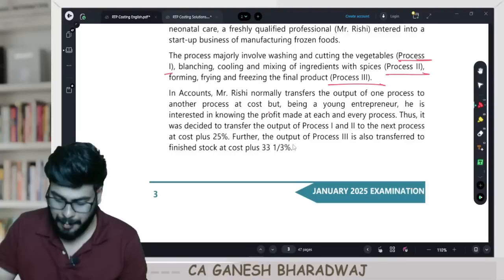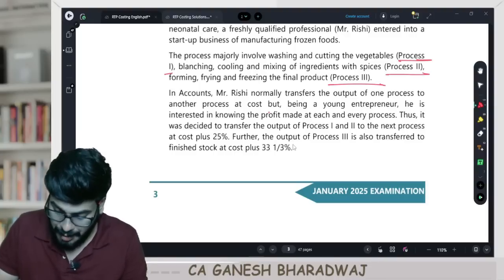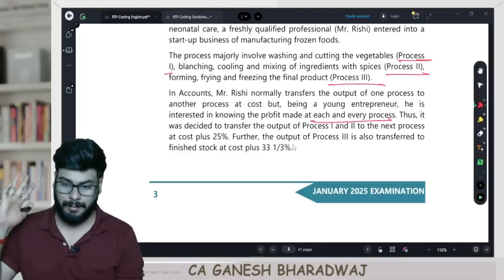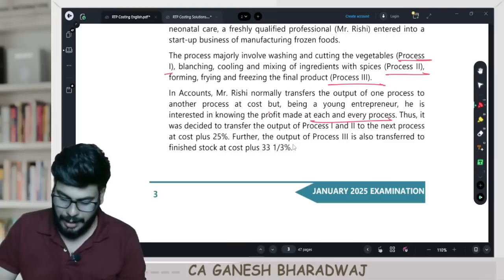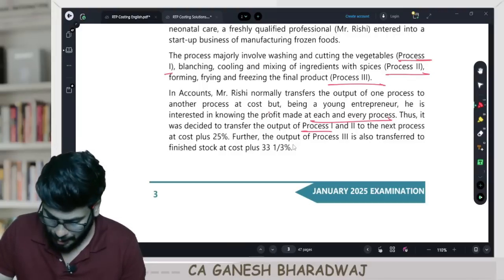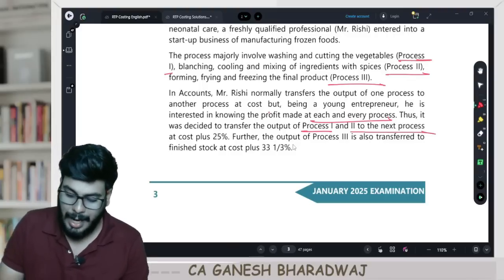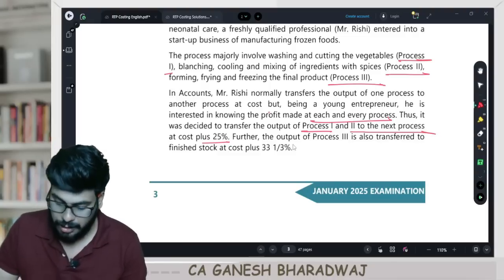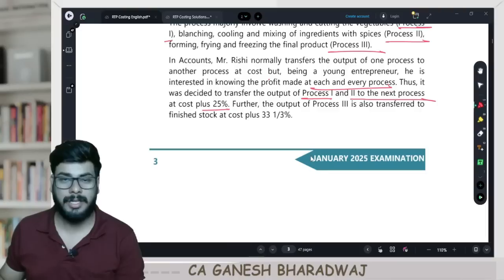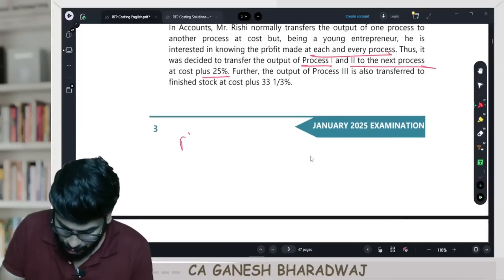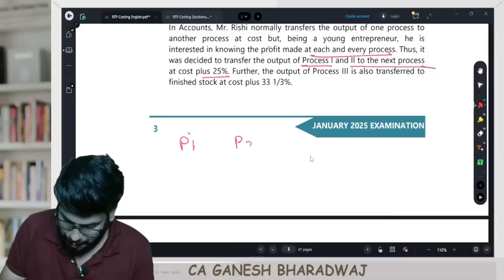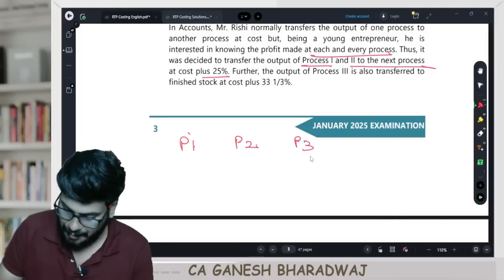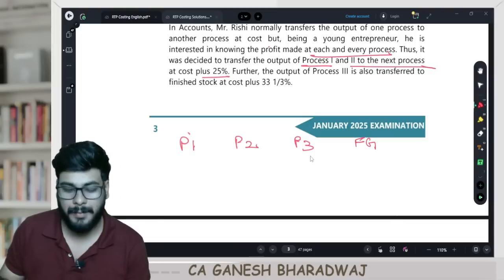But being a young entrepreneur, he is interested in knowing the profit made at each and every process, right? Thus, it was decided to transfer the output of process 1 and 2 to the next process at cost plus 25%. Further, the output of process 3 is also transferred to the finished stock at cost plus 33 1/3%. Three processes are there: P1, P2, P3, and finally it goes into the FG.